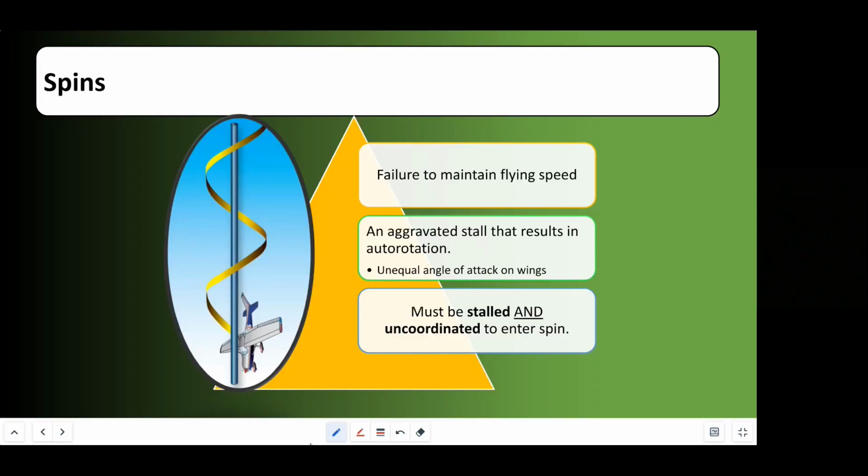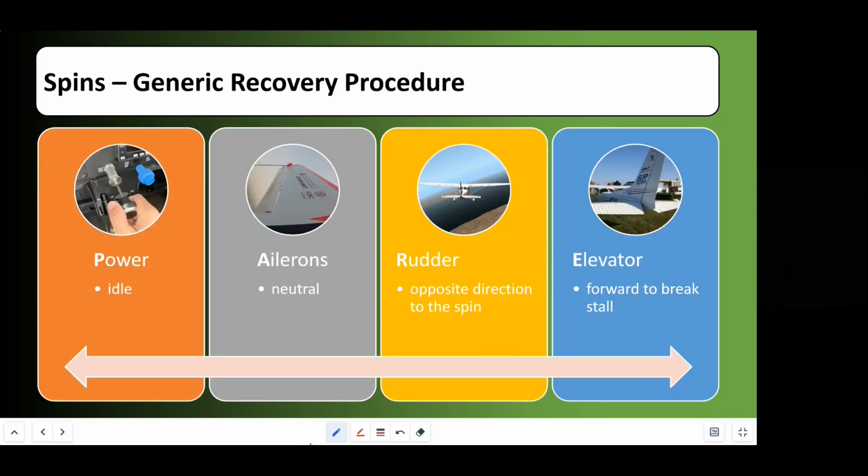So be aware of that. You ought to know the generic recovery procedure. Your manufacturer has a specific procedure for the airplane that you fly, but in case they don't have one, here's the generic recovery procedure. PARE, P-A-R-E, would be your easy to remember acronym. Setting the power back to idle, making sure the ailerons are neutral.